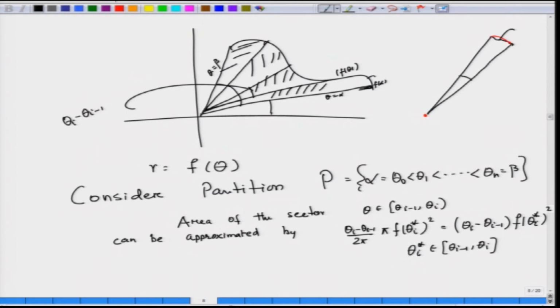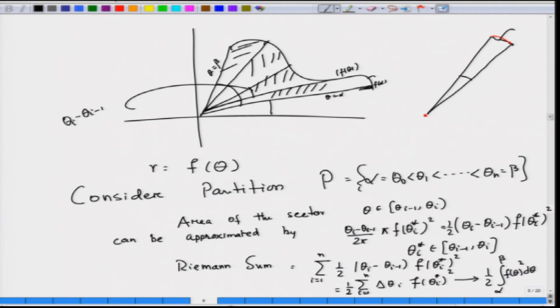Then we take the Riemann sum. A factor of half is there because of 2 pi. So, now the Riemann sum is given by sum over i from 1 to n of 1 by 2 times theta i minus theta i minus 1 times f of theta i star square.